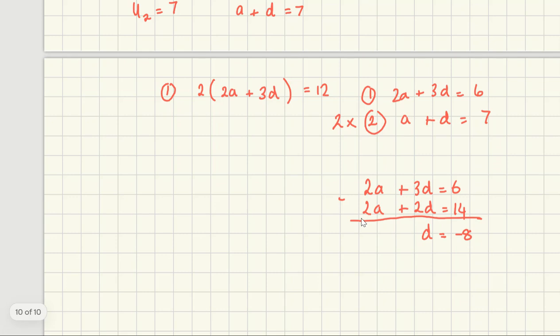If D is -8, we just have to work out A, which is U1. We know U2 is 7, therefore U1 is, oh, -8 means it must have been 15. And we can confirm that because U3 would be -1, U4 would be -9. If we add those four numbers together, we do get the 12 that we were told it was going to be.